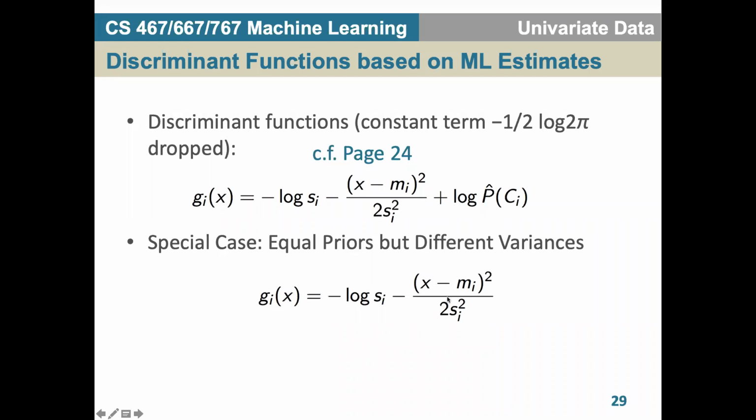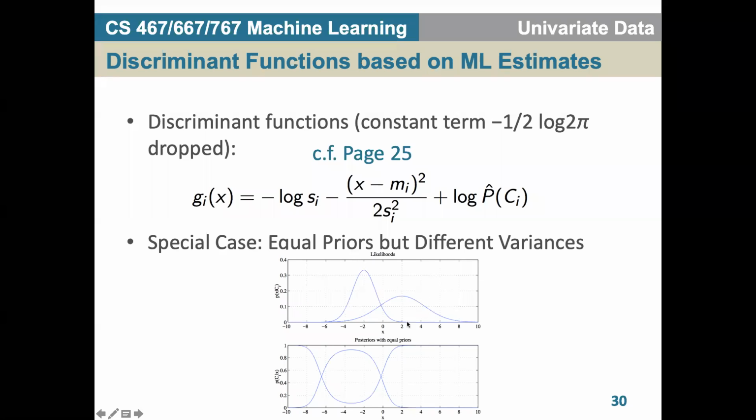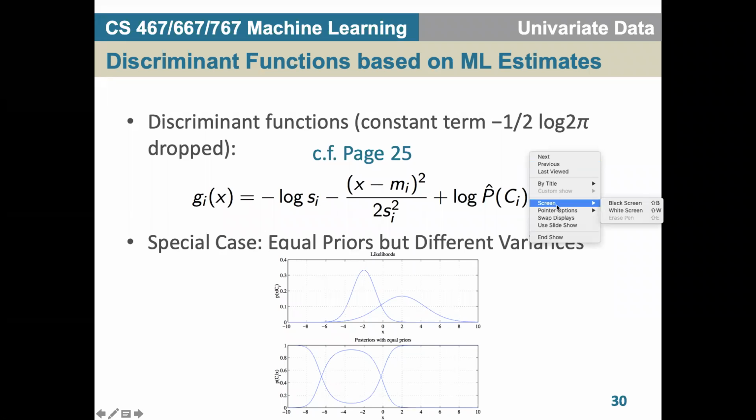So you think about it: for different s, it's like scaling to a different extent, and their means are also different. The first is M1, the second is M2.